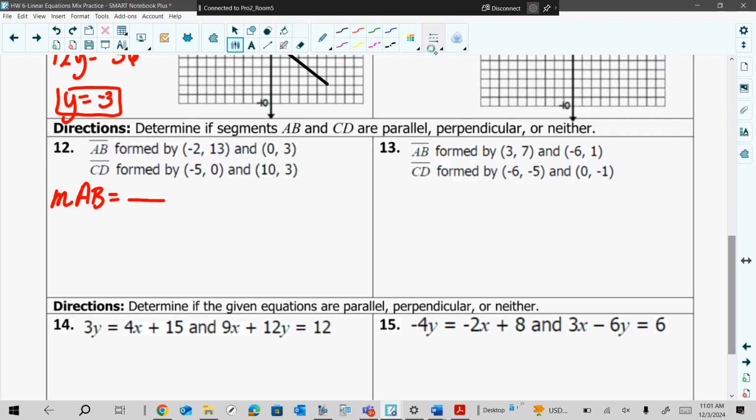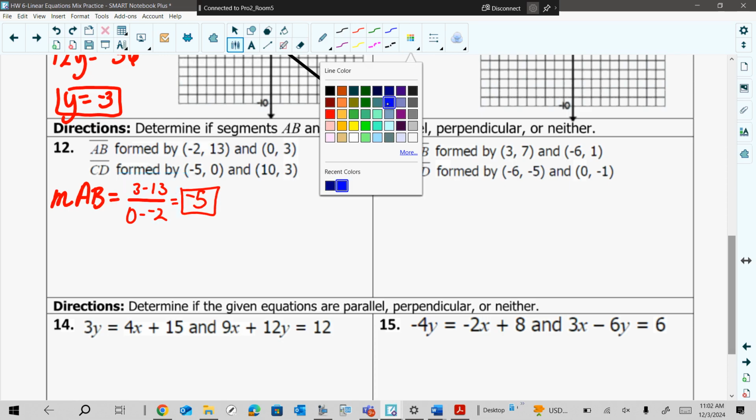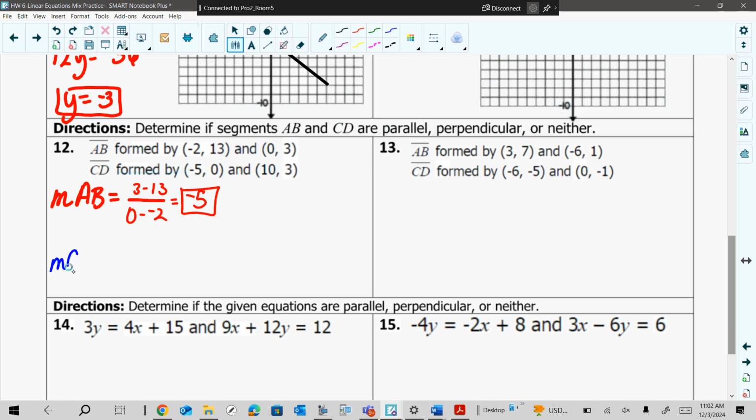For it to be parallel, you have to have the exact same number. For it to be perpendicular, it has to be a flip and switch signs. Okay, so when I set this up, this should be 3 minus 13 over 0 minus -2. So what does this turn out to be? -5. Yes, -5.